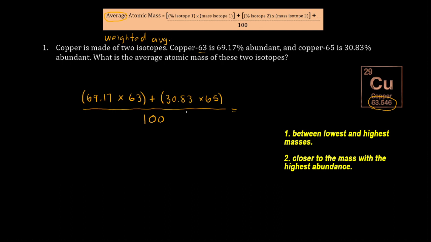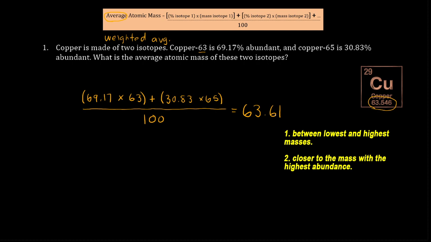And then finally at the end, we divide and we should get a number that's this or pretty close to this. And I think with just these two isotopes and just these abundances, I think we get 63.61 as our answer, which is pretty close. There's other factors that go into this number right here, including isotopes that might be slightly radioactive and things like that. So while we won't match exactly this number, we're going to get pretty darn close, and it looks like we did.